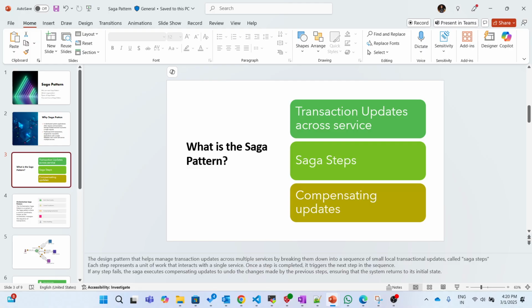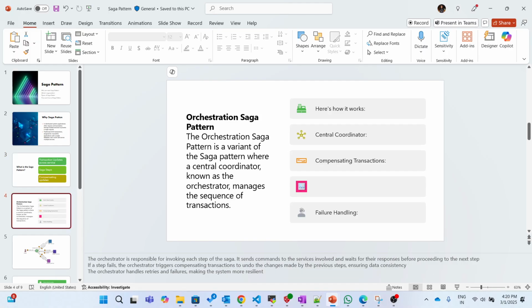Each step represents a unit of work that interacts with a single service. Once a step is completed, it triggers the next step in the sequence. If any step fails, the saga compensates, running updates to undo the changes made by the previous steps, ensuring that the system returns to its initial state.